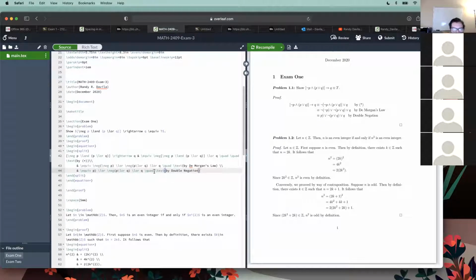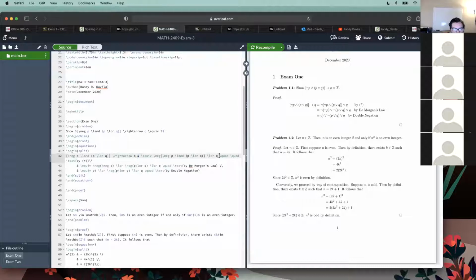Oh, I don't like how these are not lining up, but I do know that with these ands, we can separate things.